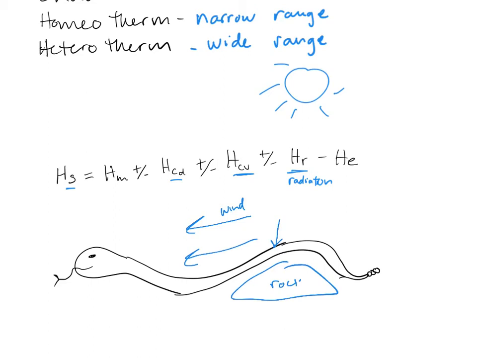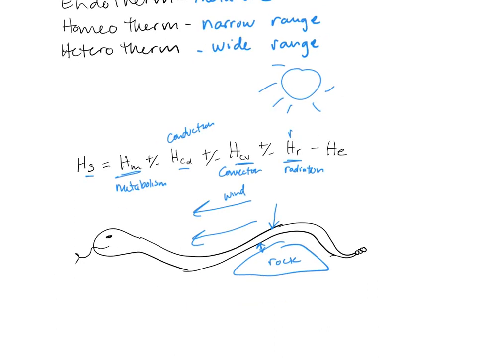So here we have this rock. It was heated up by the sun, and then it can transfer heat to or from the organism if it's cold or warm. The other two, this is metabolic heat. And metabolic heat is due to the internal chemical reactions occurring as you digest food or burn fat or whatever.